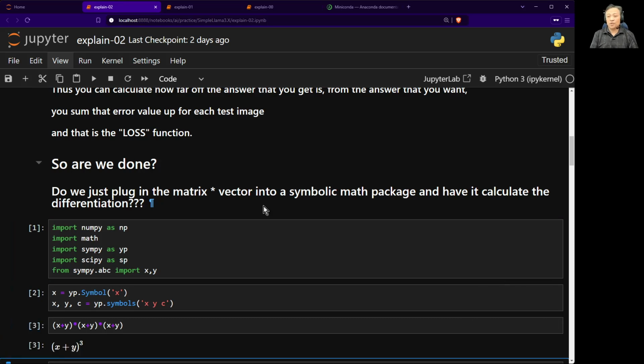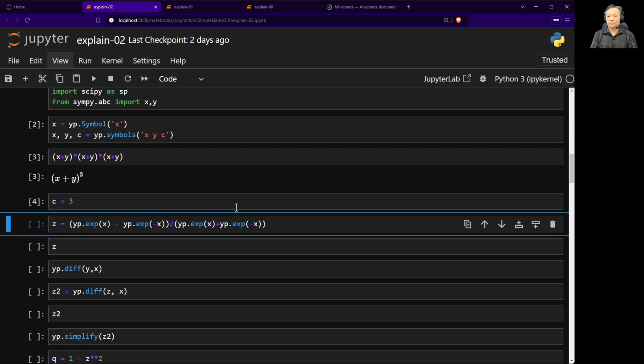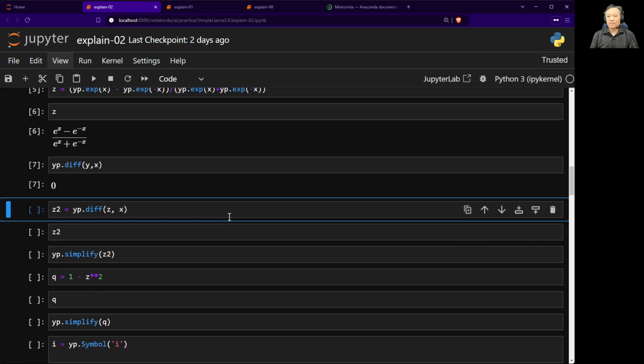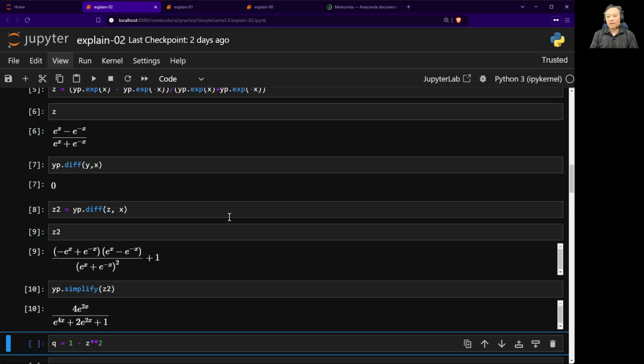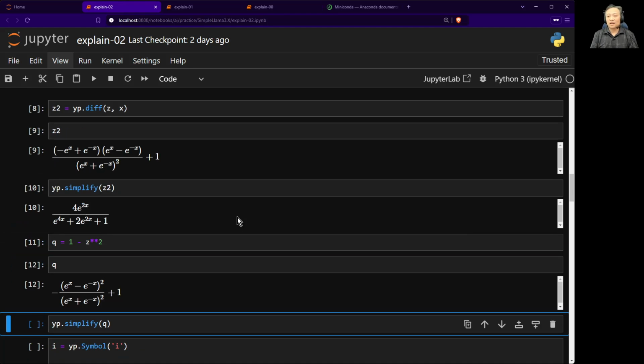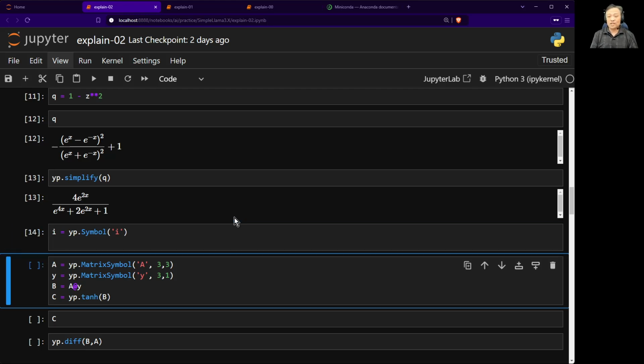I'm just showing you that SymPy does lots of cool stuff like Wolfram Alpha does. Here's something a little more complicated. By the way, SymPy does have matrix stuff in it, so for example, we can do stuff like this.